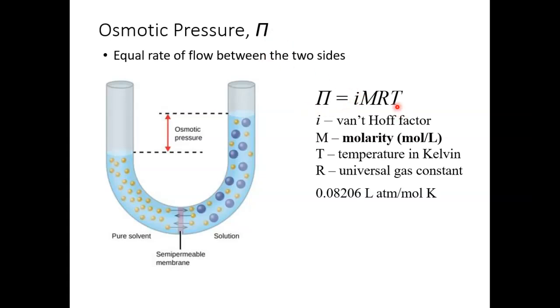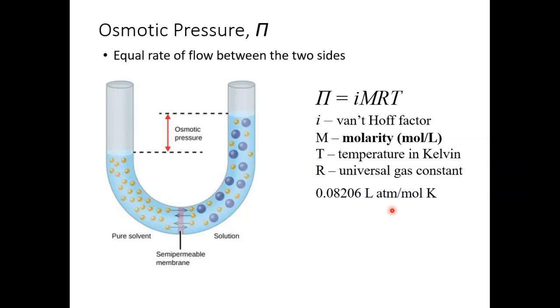In osmotic pressure calculations, we don't use molality. We use our good old friend, molarity: moles of solute per liter of solution. Temperature: Kelvin. R. Now this is the R value that we used in Gen Chem 1.